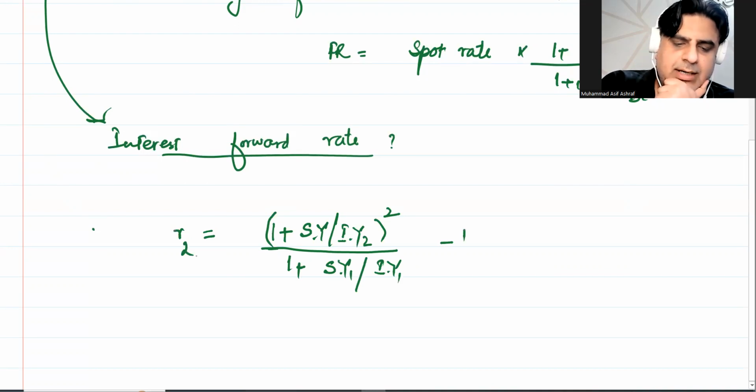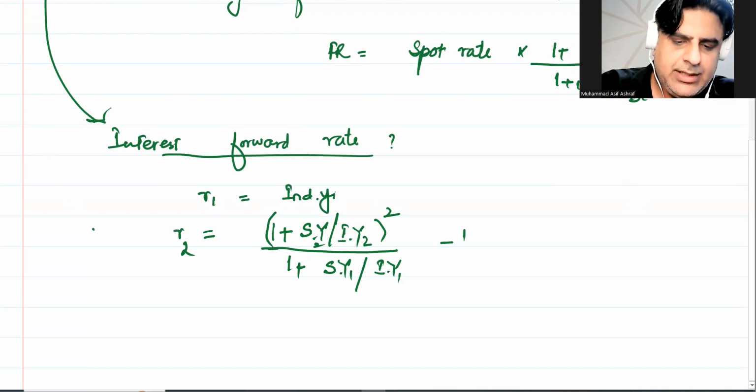This would be the forward rate of year 2. And the forward rate of year 1 would be the individual yield curve of year 1 or current annual spot yield of year 1.